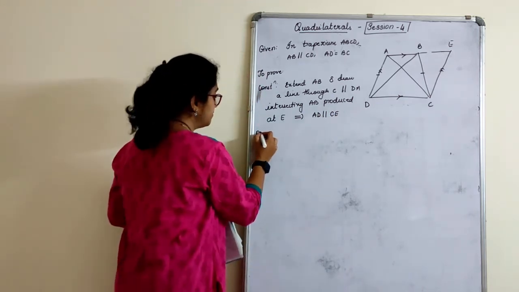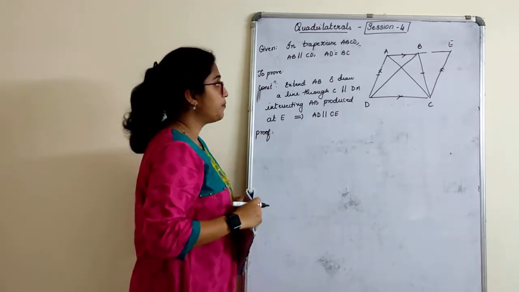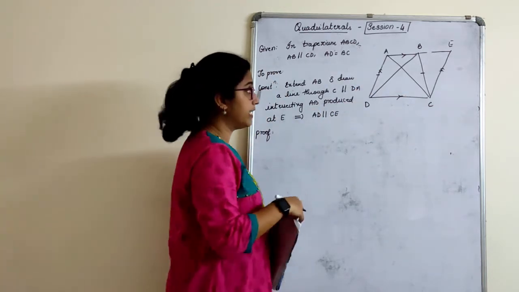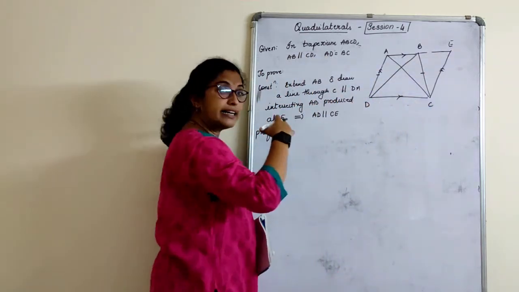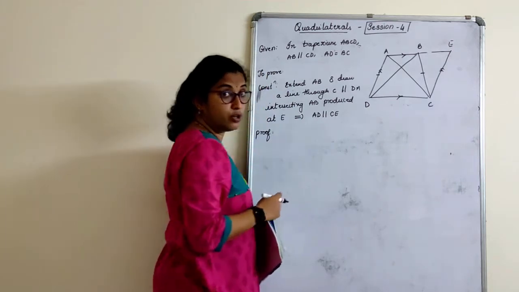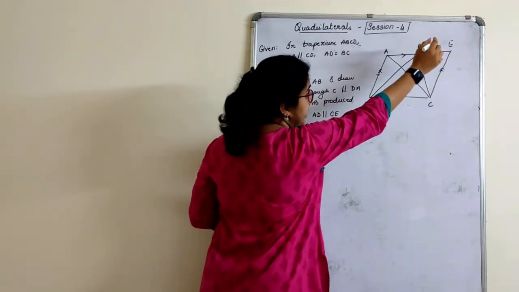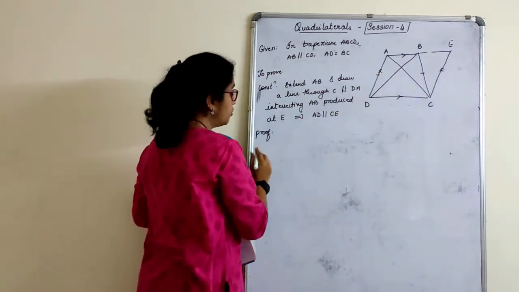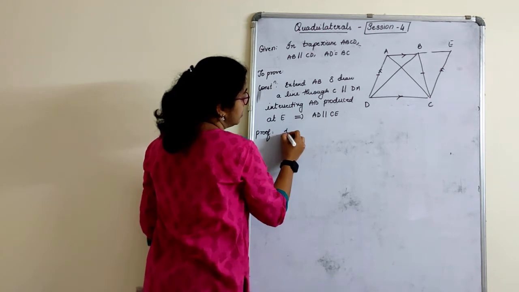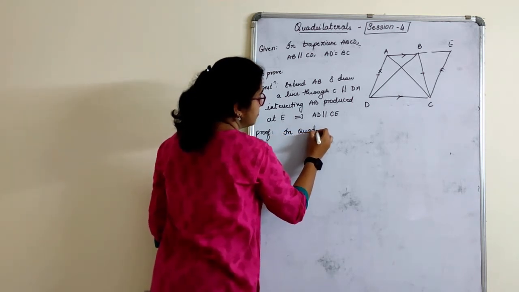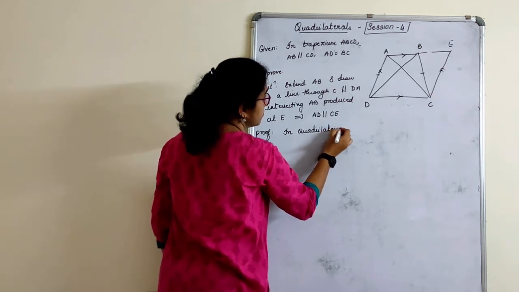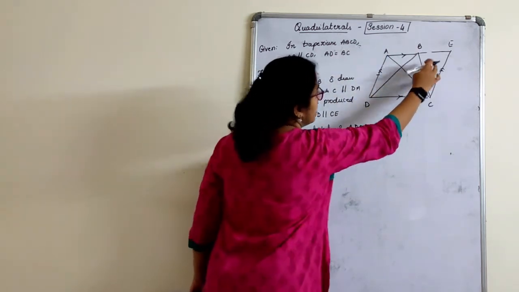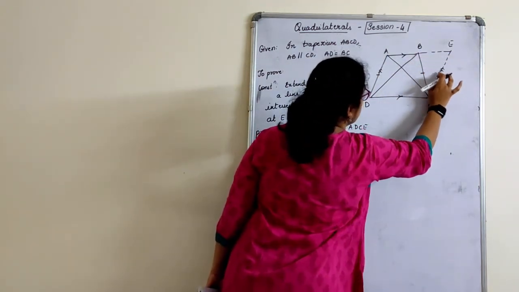Okay, proof. First of all, we know that ABCD is a trapezium. Now, we have drawn a line such that, whatever line you extend here, it has to be a straight line only. With respect to CD, you have drawn that, right? Such that there is a point E, and when you extend and join at C, it is parallel to AD. So in quadrilateral ADEC, let us draw this in dotted lines if you want, you will understand.